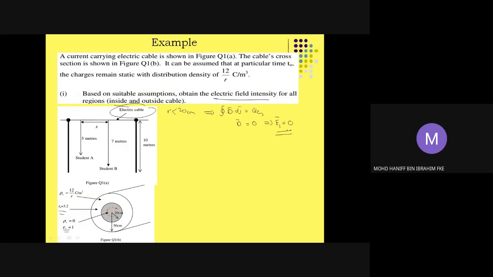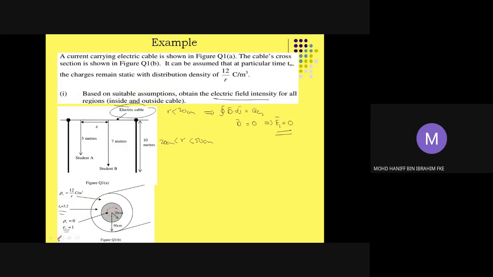So that is the first electric field, obtained for the region of R less than 20 centimeters. The next region is R between 20 centimeters and 50 centimeters, in which the charge distribution rho v is given by 12 over R coulombs per meter cubed.